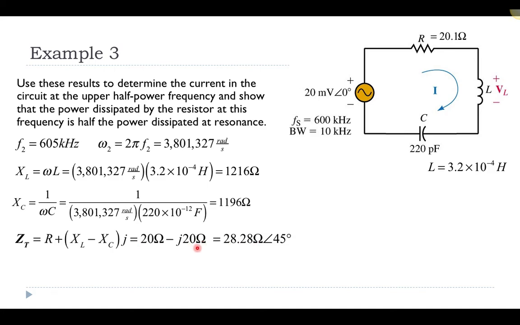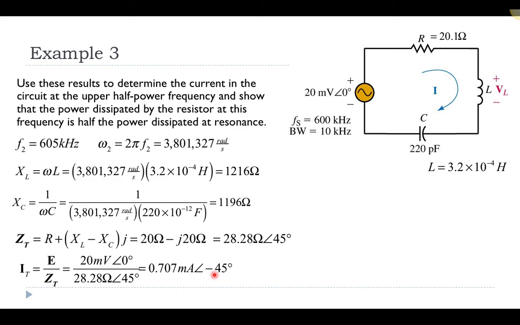Then I can write the values in rectangular form and calculate the impedance in polar form. Then I can determine the current in the circuit by taking the voltage of the source and dividing by the total impedance in the circuit. I end up getting 0.707 milliamps with a phase angle of minus 45 degrees.